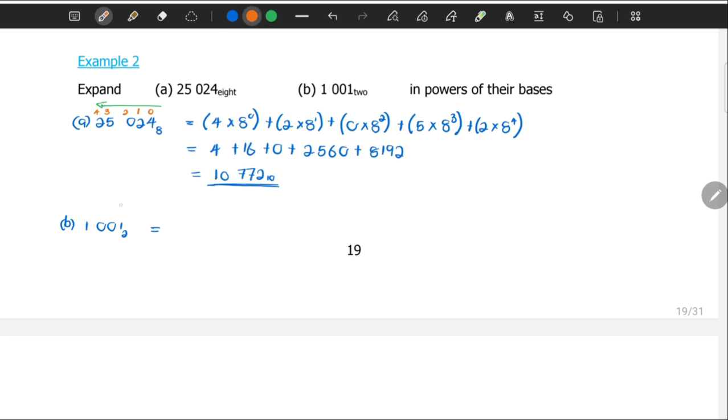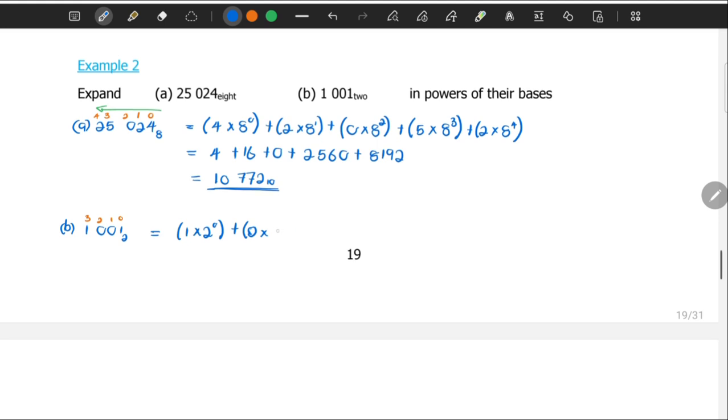So again, 0, 1, 2, and 3, and that becomes 1 times 2 to the power 0 plus 0 times 2 to the power 1 plus 0 times 2 to the power 2 plus 1 times 2 to the power 3. And that becomes 1 plus 0 plus 0 plus 8, which should be equal to 9 to base 10.